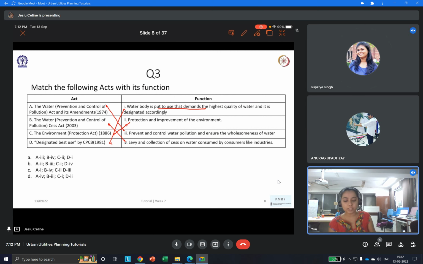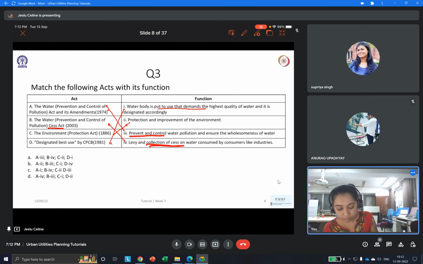So actually, this is an easy question. Even if we don't know the answer, just by the wordings, we can match them. For instance, in the first one, it's prevention and control, and its amendments, the initial one. So we are mainly talking about prevention and control. And in the second one, a cess act is added. So you're collecting cess, which means any tax that you're levying on the water that you're consuming.